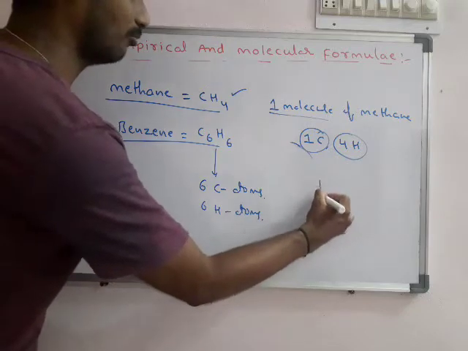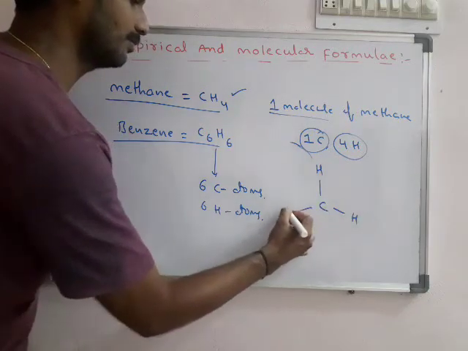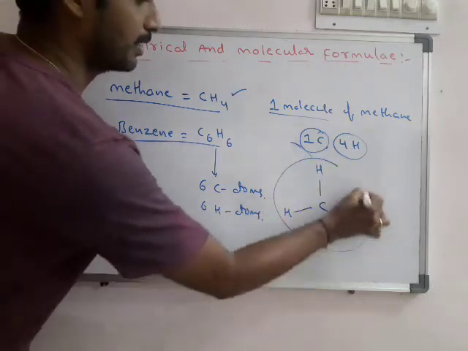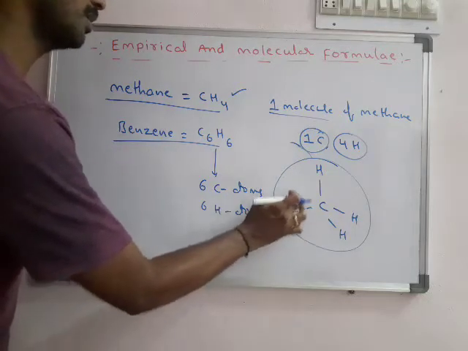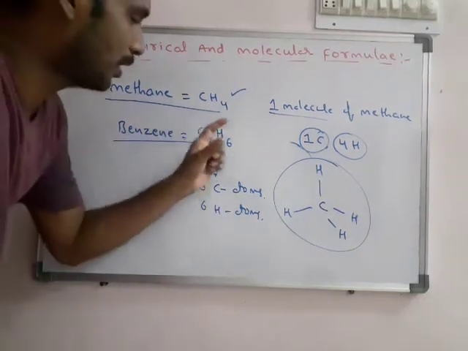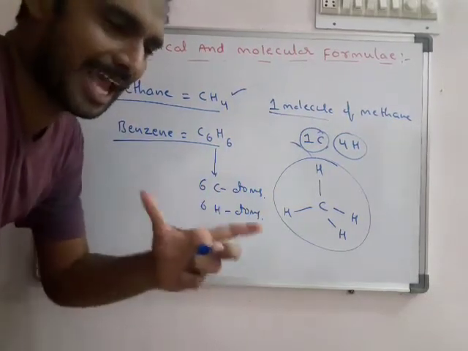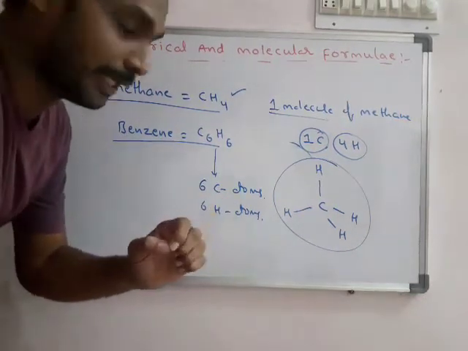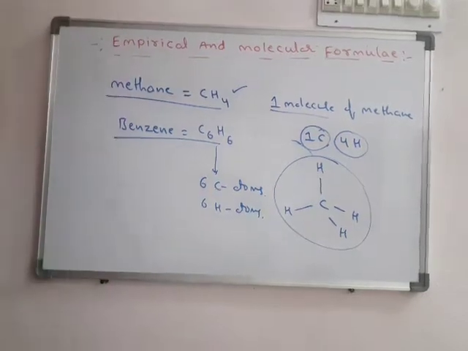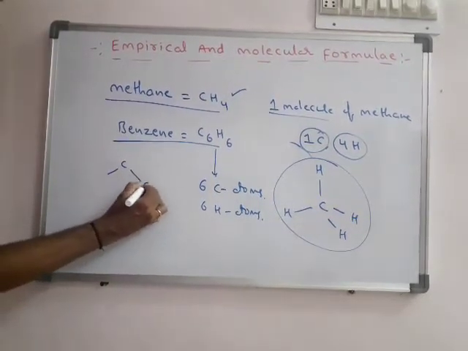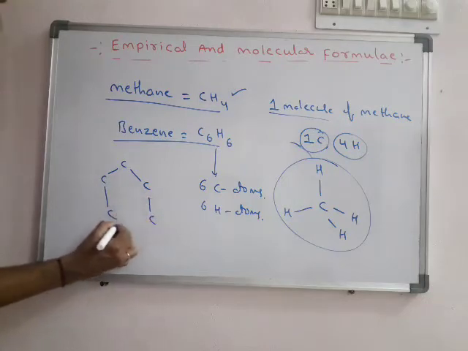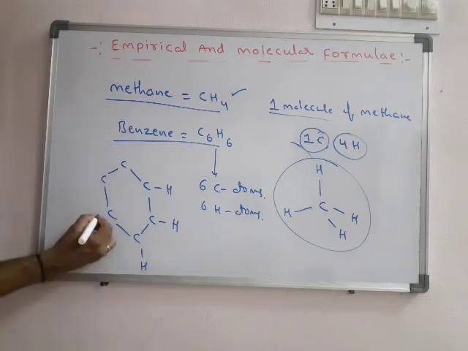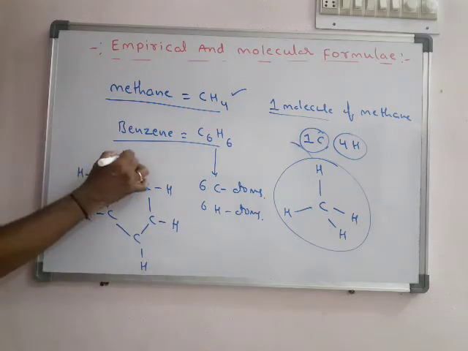For example, methane. We know the structure of methane. It was like this. Okay, this is the backside hydrogen. Means one molecule of methane has 1 carbon and 4 hydrogens. So in one molecule, we know the exact number of each kind of atom. Same with benzene, molecular formula C6H6, one molecule of benzene contains 6 carbon atoms and 6 hydrogen atoms. We know benzene is hexagonal with 6 corners, with 6 carbons, each containing 1 hydrogen.